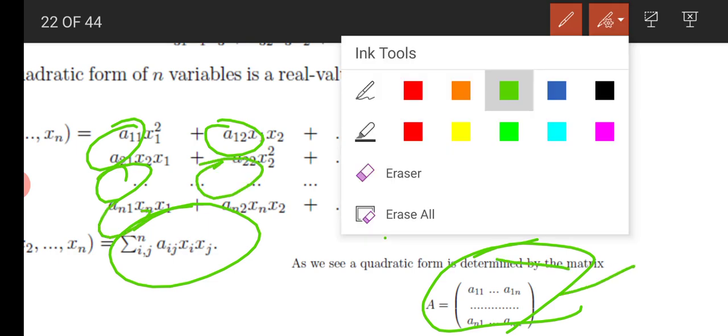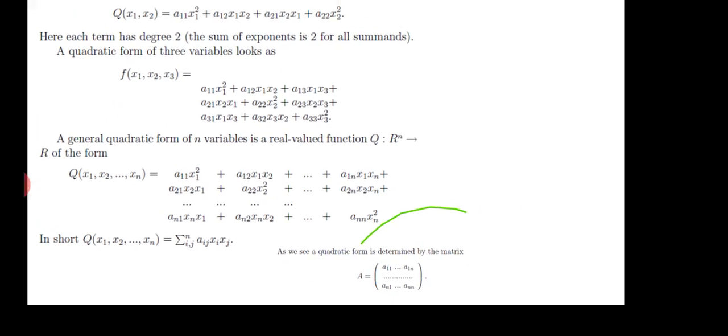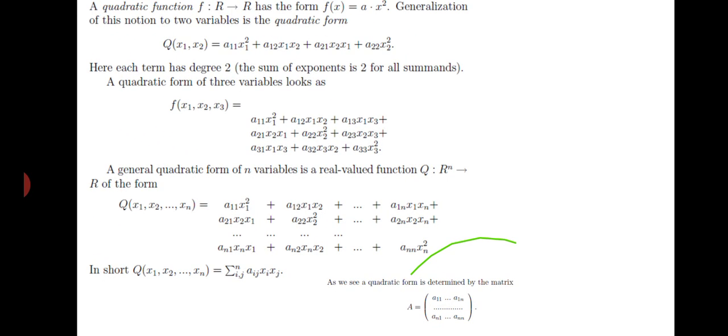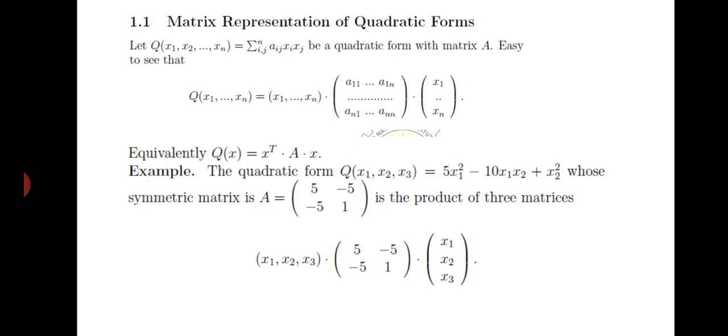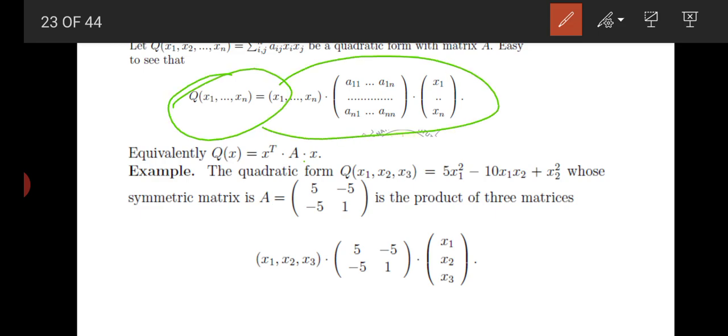So the matrix becomes like this. It is very easy, I think there is no problem in understanding. The quadratic form is represented with x1 up to xn and its transpose.